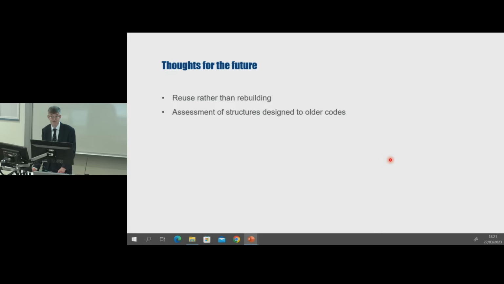So an example of this is the slab we looked at where the shear reinforcement was designed to BS 8110. Another challenge is in the assessment of structures with non-code compliant reinforcement detailing. But perhaps the holy grail is to be able to estimate the proximity of failure from the crack pattern alone.